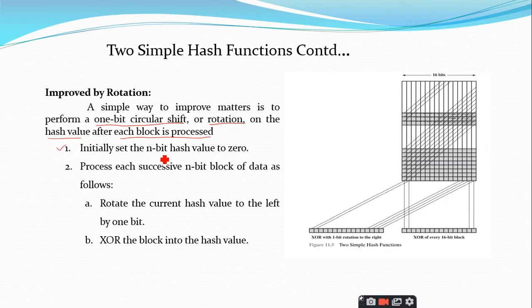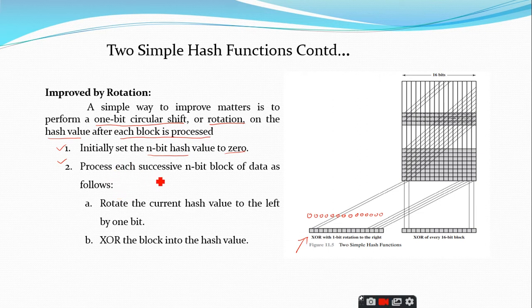Initially, you set an n bit hash value to 0. For example, let us take a 16 bit hash value. Initially you take every bit as 0, so you will have 16 zeros here. This is the initial hash value you have taken, and the steps should be repeated. It is an iterative process.